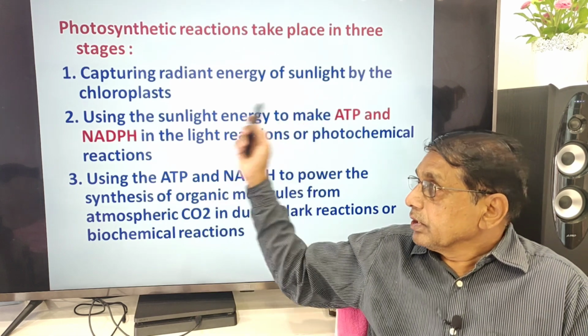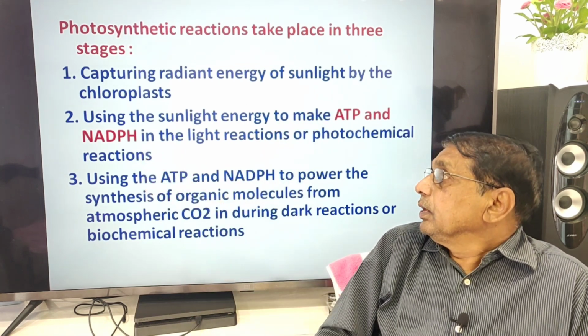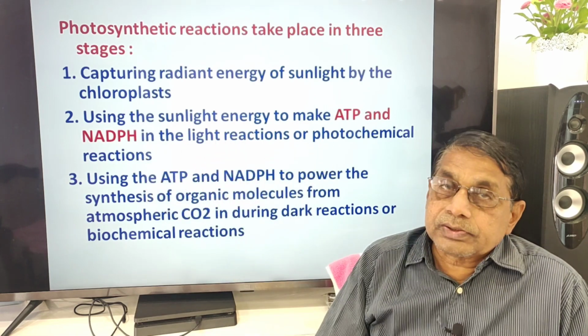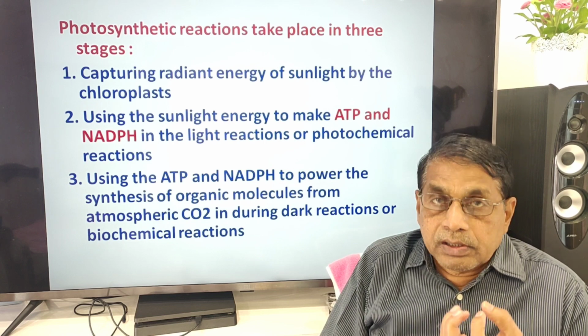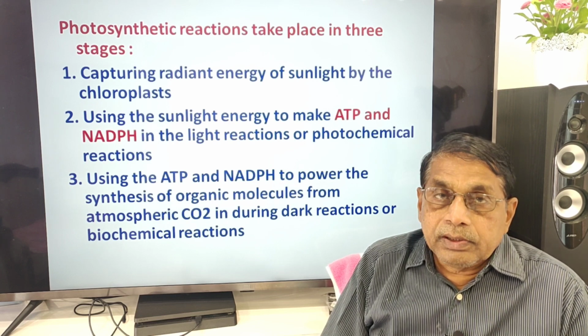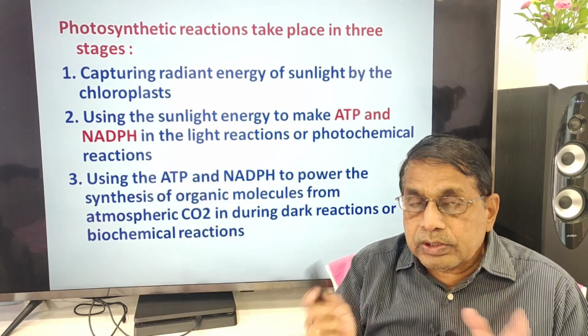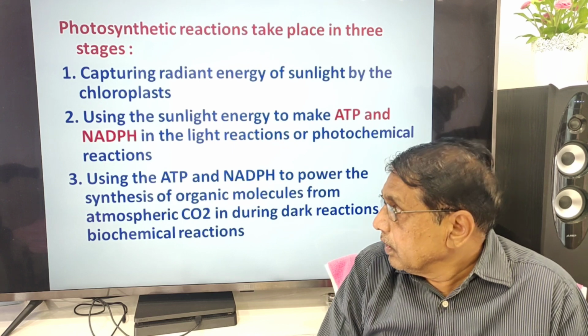ATP is the energy currency, NADPH is the reducing power in the light reactions or photochemical reactions. Once the light is absorbed, it will be trapped into ATP and the reducing power NADPH. These two together are known as reducing power or assimilatory power.